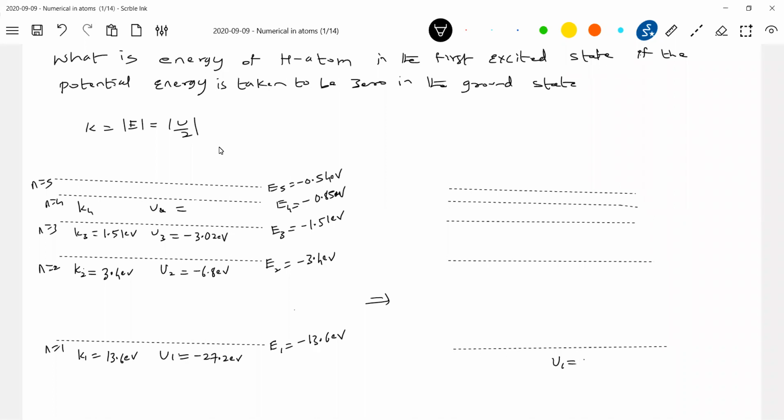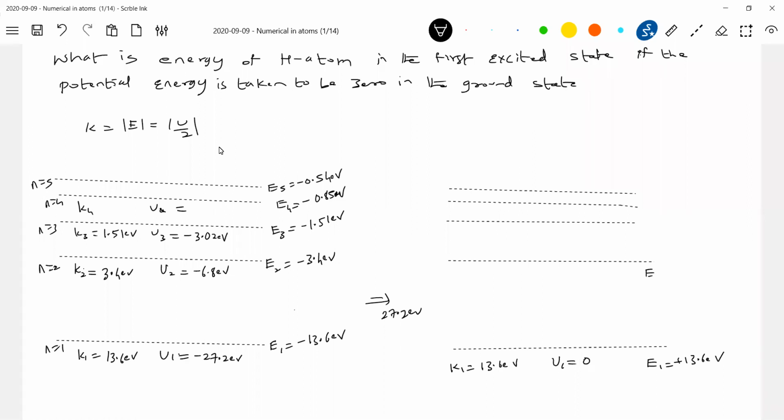So how to make this 0? By adding energy. How much energy should I add? 27.2 electron volt, so that the energy in the ground state will become 0. Then how much will E1 become? Plus 13.6 electron volt. What about the kinetic energy? Same.